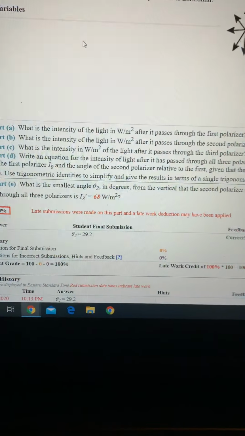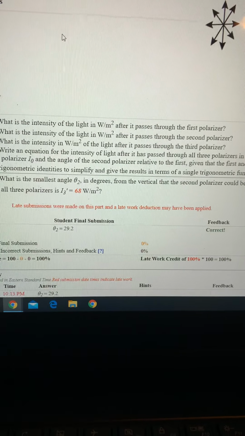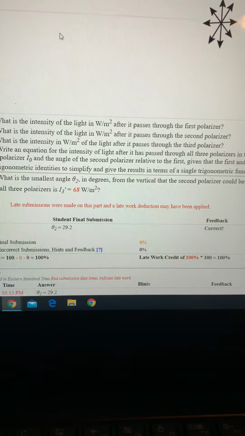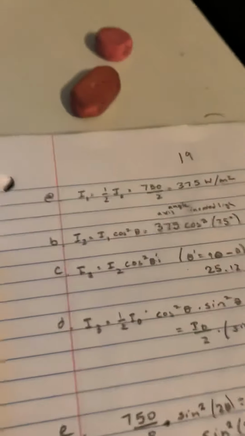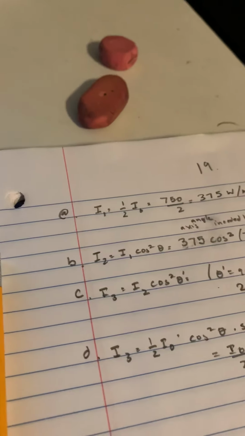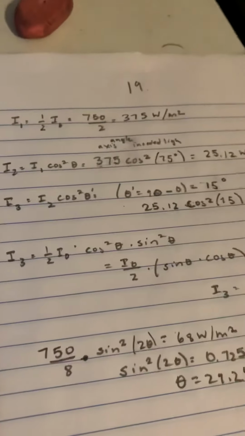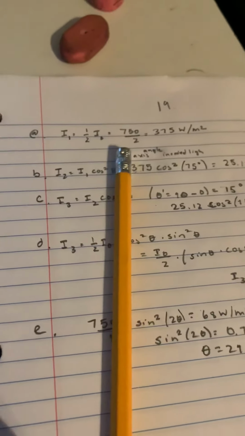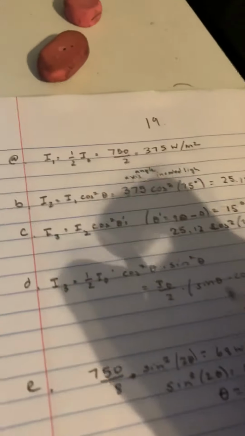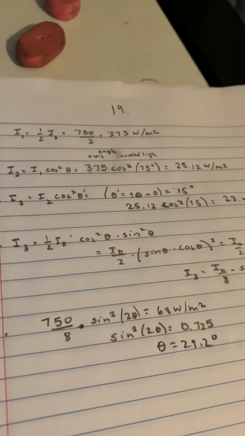For part C, what is the intensity in watts per meter squared of the light after it passes through the third polarizer? Since the third polarizer was horizontal, we need to find the other angle, because if you draw out a 30-60-90 triangle, then using the triangle rules, it's the opposite angle.